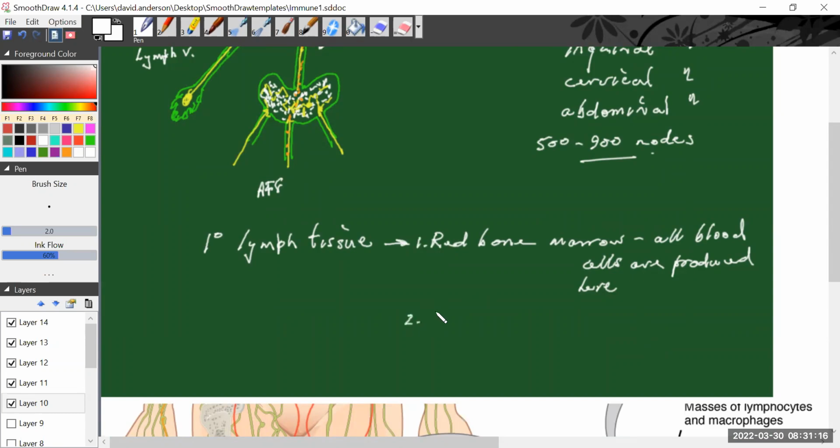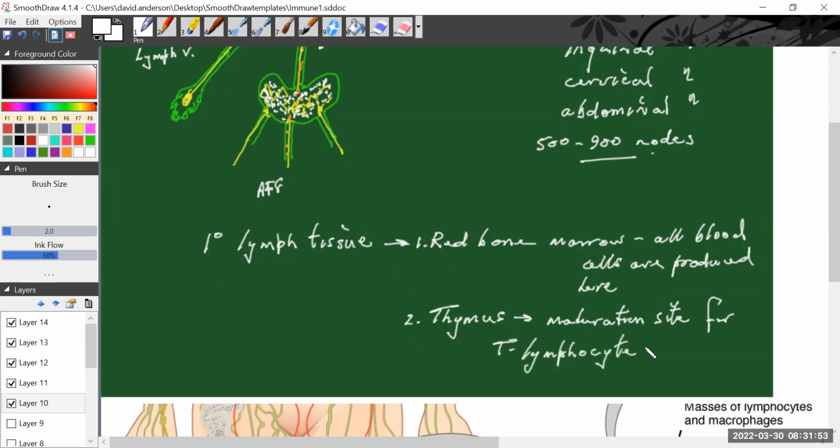But also, there's an organ called the thymus. The thymus is the other example of a primary lymph tissue. The thymus is responsible for maturing T lymphocytes. The T lymphocyte is produced in the red bone marrow, but it's going to be matured in the thymus.